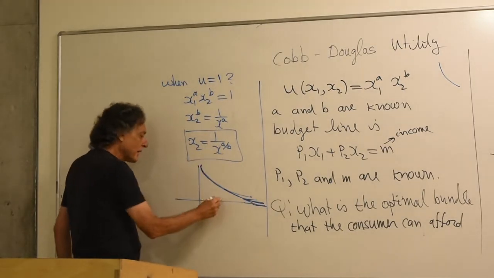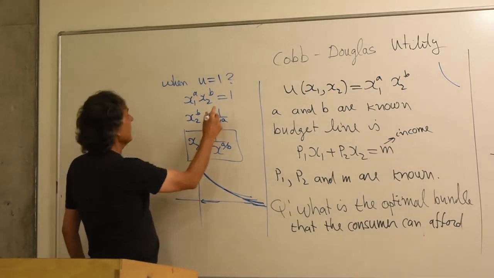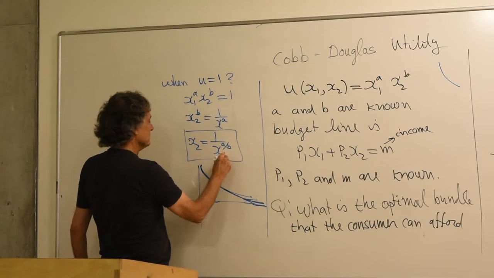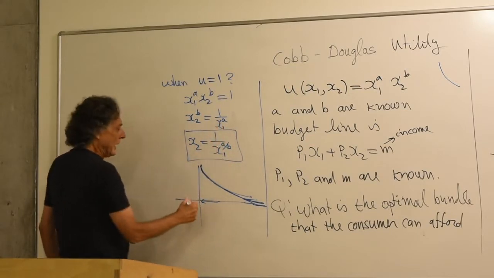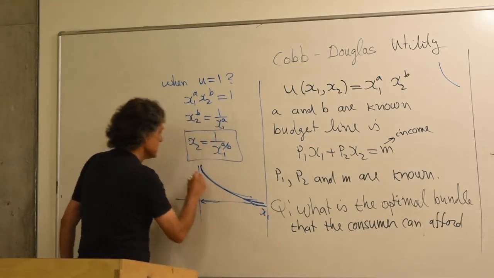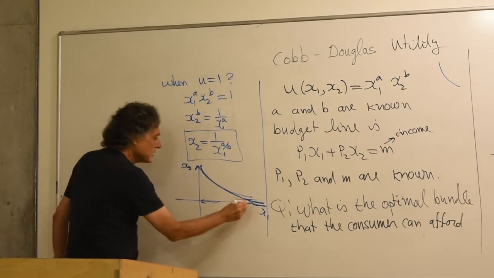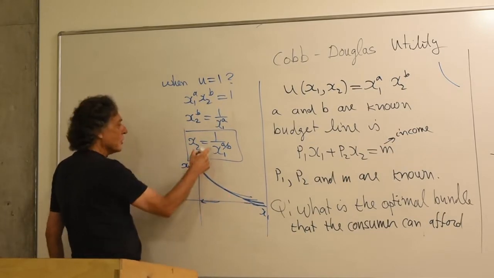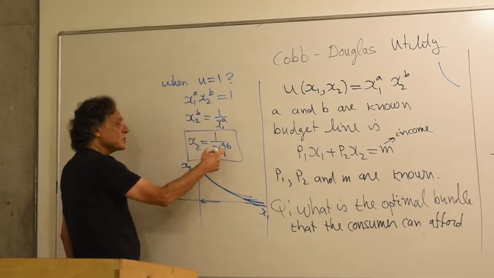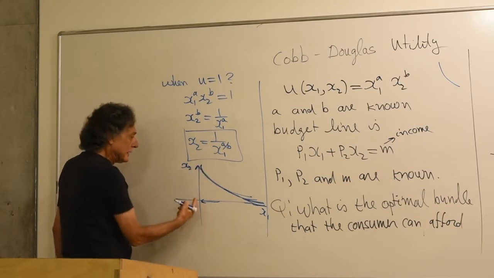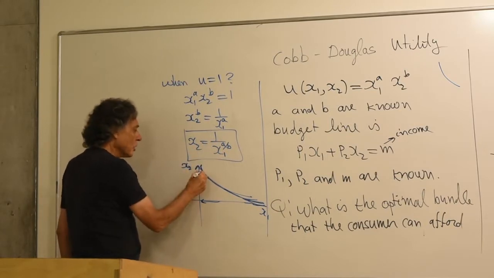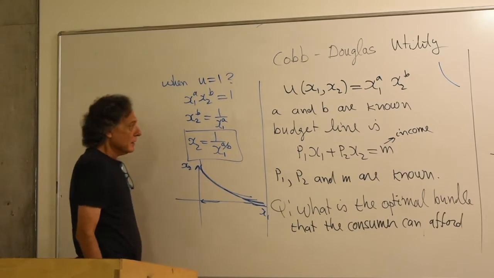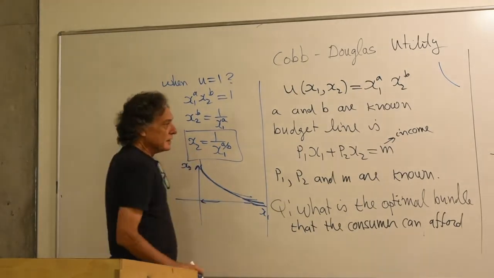And when x1 is very close to 0, you have 1 over something which is very close to 0, then it goes up and up to infinity. So it exactly looks like this.